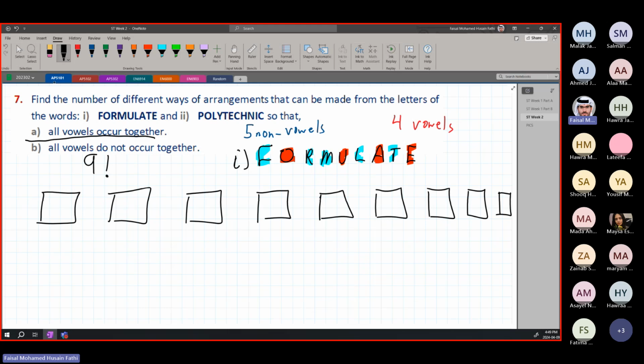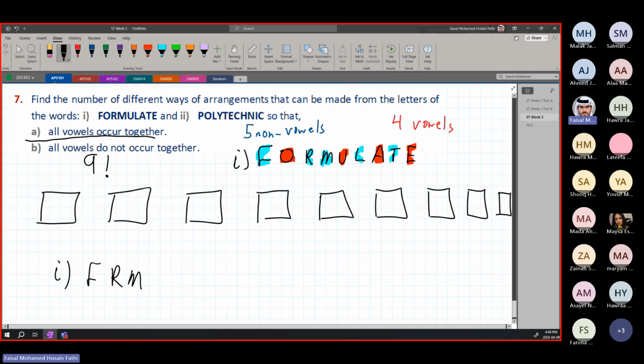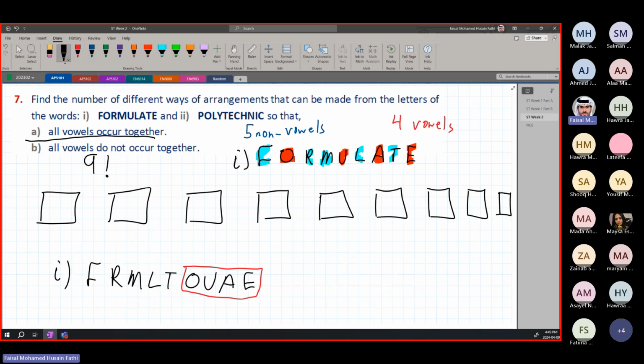In other words, they want it to look something like F, R, M, L, T, O, U, A, E, for example. So these should always be grouped as if they are one letter themselves. We'll consider this as a letter, this as a letter, this as a letter, this as a letter, and then all of this as one letter by itself, and then we will analyze it.